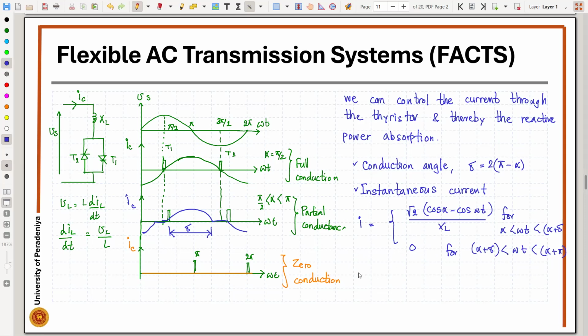So we can write the fundamental component of the current as follows.